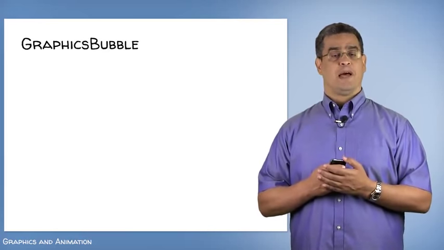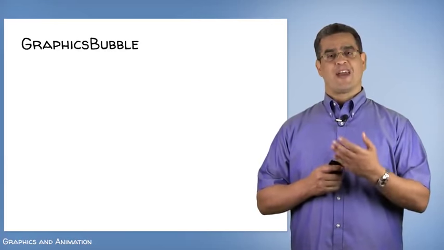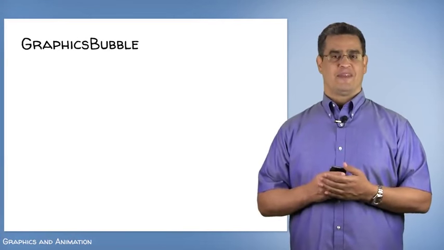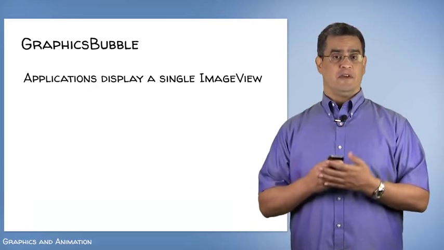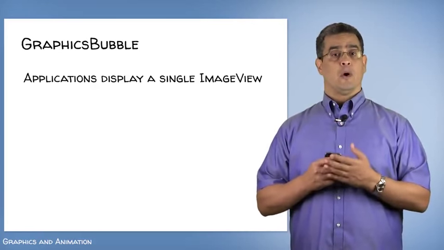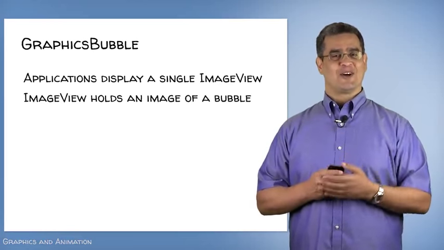Our first example applications are called Graphics Bubble XML and Graphics Bubble Program. These simple applications both display a single image view, and that image view holds a bitmap image of a soap bubble. Let's take a look.